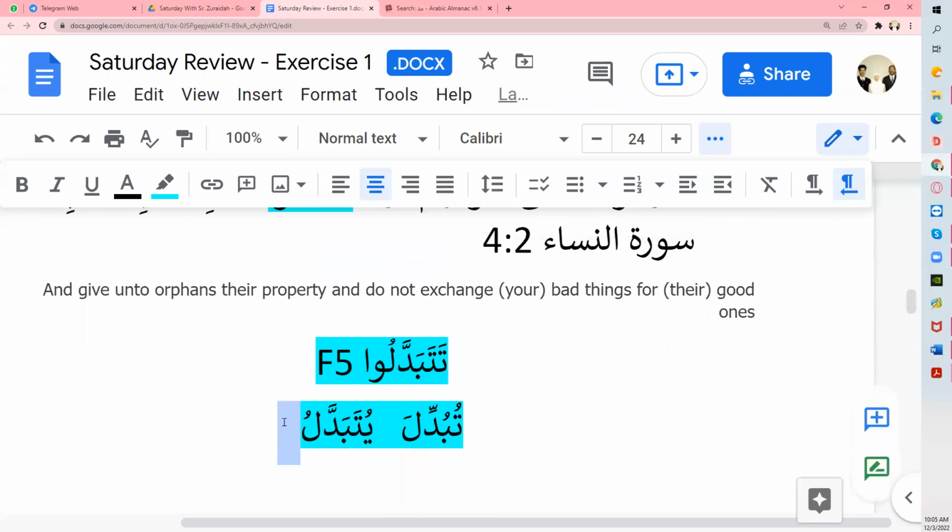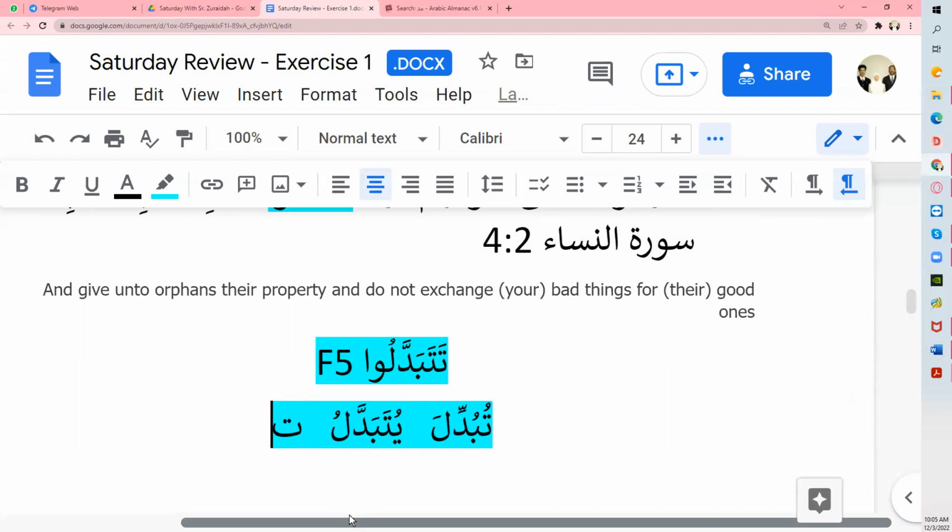Now the masdar. It has to have ta and shadda, so it begins with a ta. So all the root letters are here. I put in the root letters first.